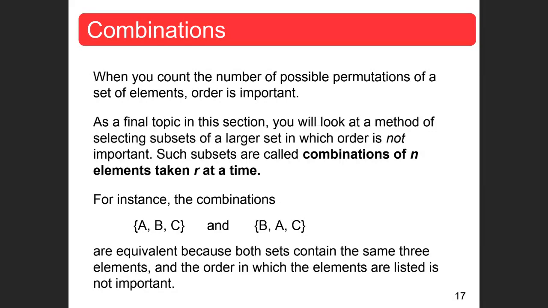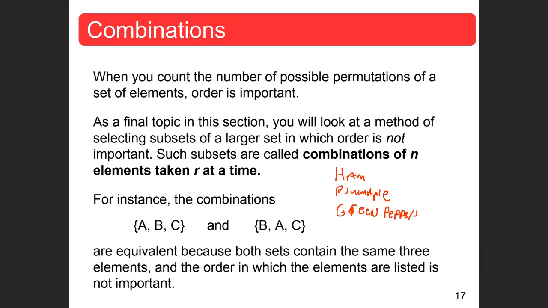Well, let's say you go to Pizza Hut and you went up to the counter and you ordered your pizza and you said, okay, I want ham, I want pineapples, and I want green peppers. All right.